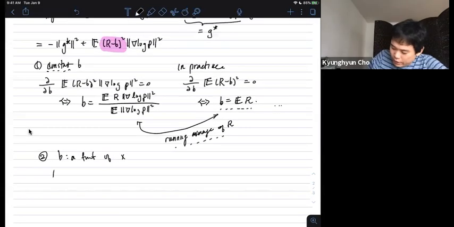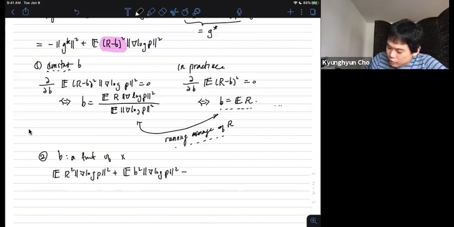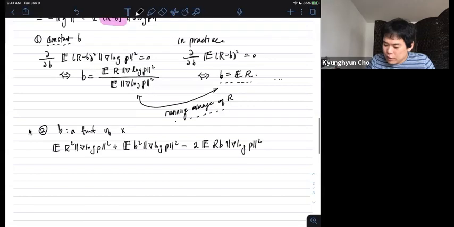What we have is the expectation of r squared, plus the expectation of b squared, minus 2 times the expectation of r b, times log p squared. Now, this first term we cannot control. The reward is just given to us.